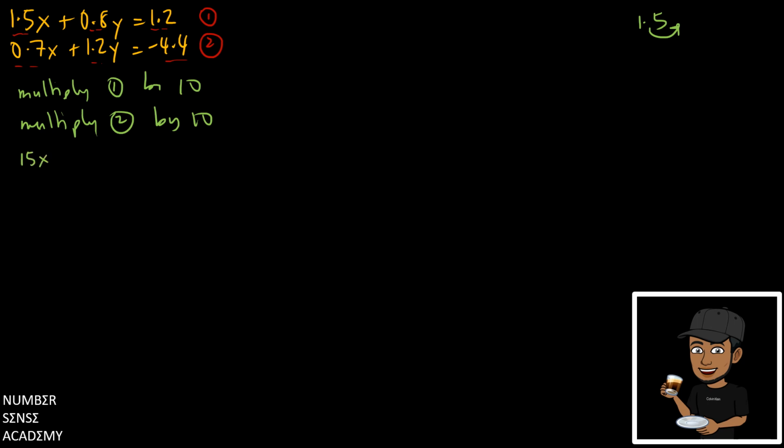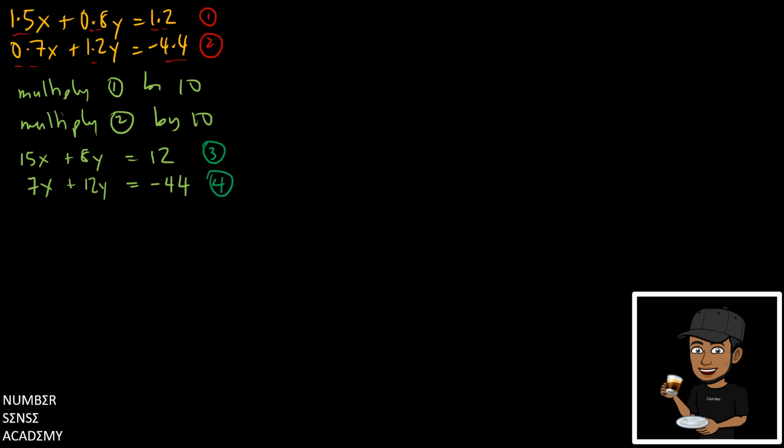So I end up with 15x plus 8y equals 12. Then I have 7x plus 12y equals negative 44. And these are my two new equations, 3 and 4.